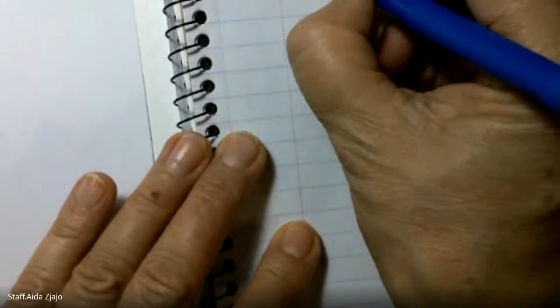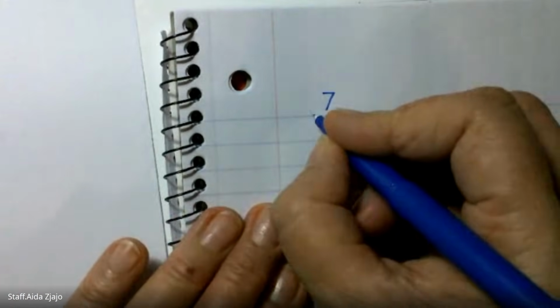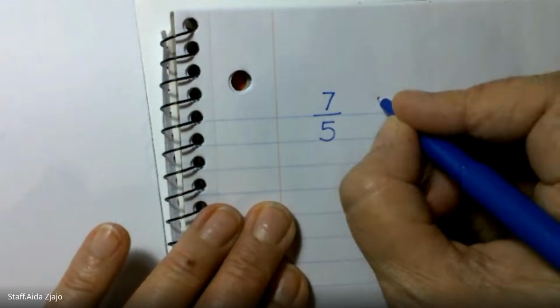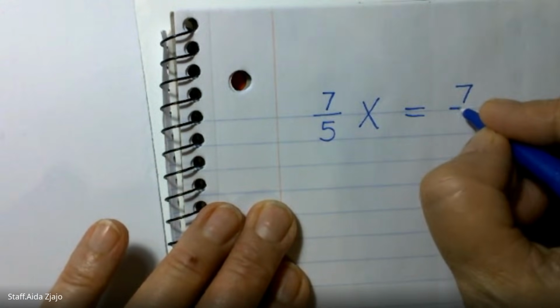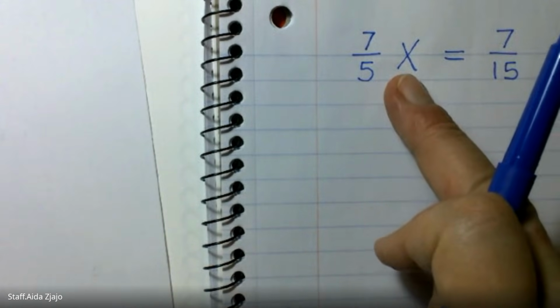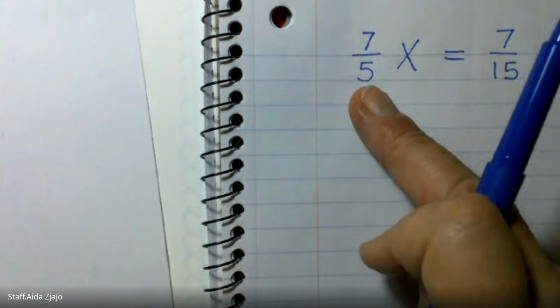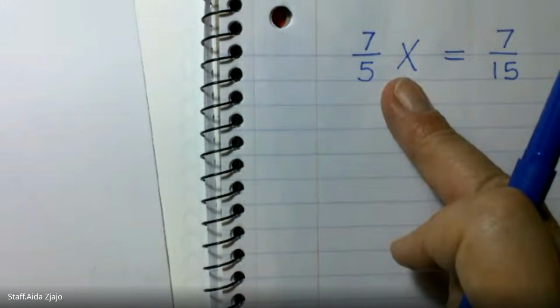This is just an additional strategy you could learn. It is same as 7/15. So we need to divide this by 7/5 in order to free it.